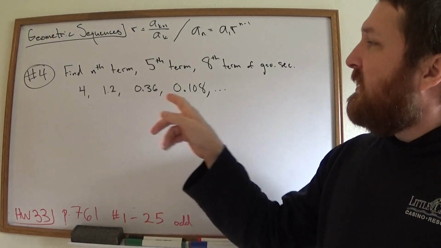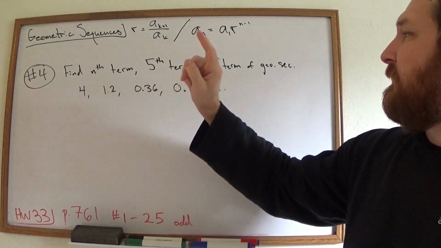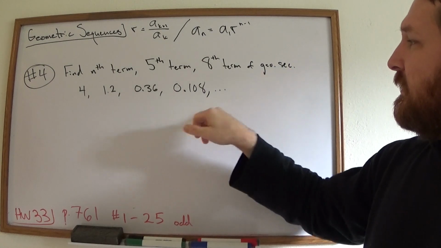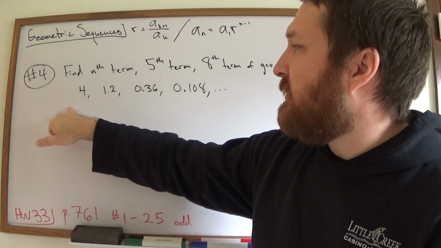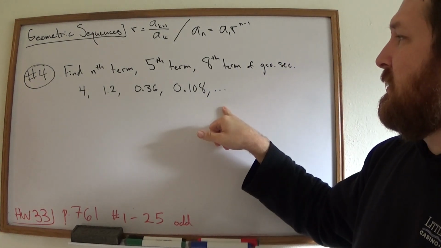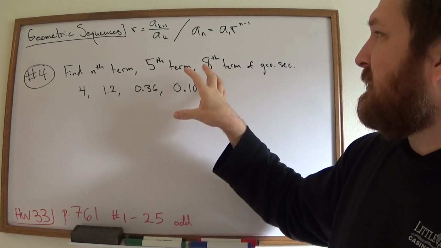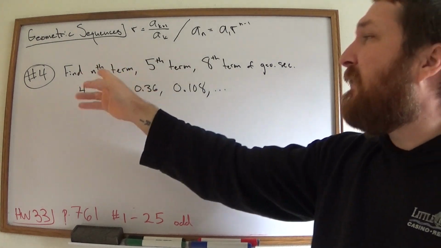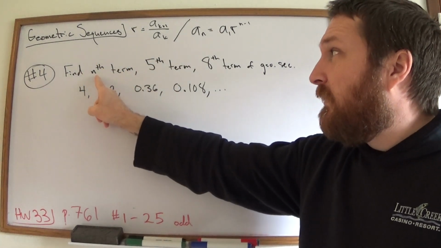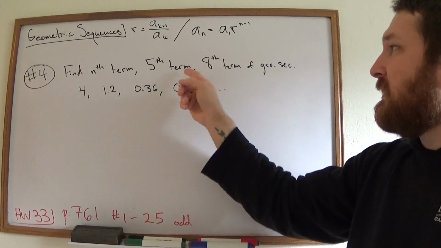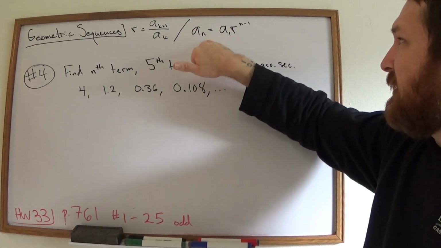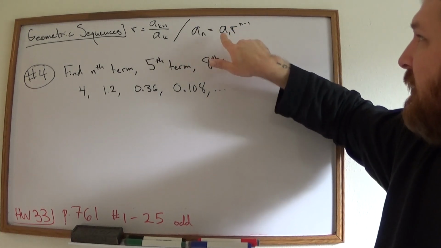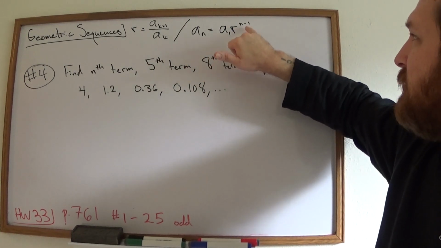On number 4, they tell you to find the nth term, find the 5th term, and find the 8th term of a geometric sequence. And in number 4, this is the sequence that they give us. If you find the nth term, then you could easily get the others, because if you know a formula for the nth term, if you want the 5th, you plug in a 5 right there, and you'll have a1 times r to the 4th.